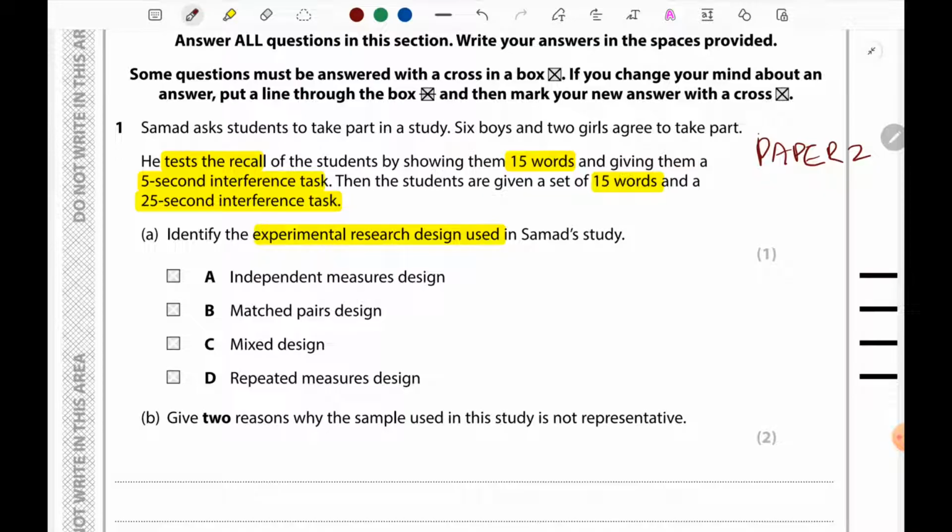Just to quickly remember what these designs are about, independent measures design is when different groups of participants are exposed to different treatments in a study. Matched pairs design is when different groups of participants are exposed to different treatments, but they have been matched with respect to some participant variable, which could possibly confound results.